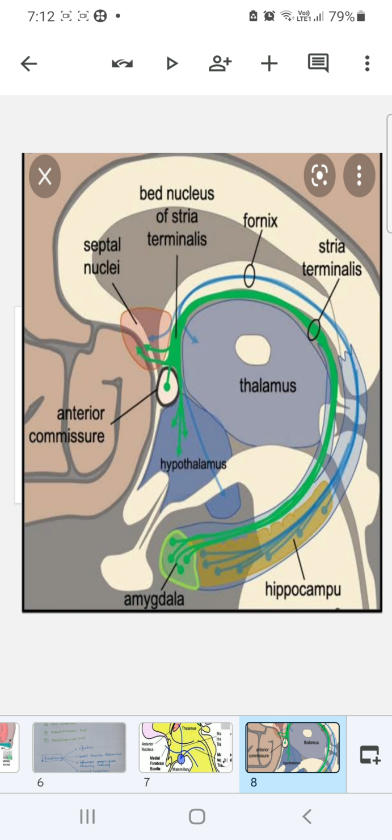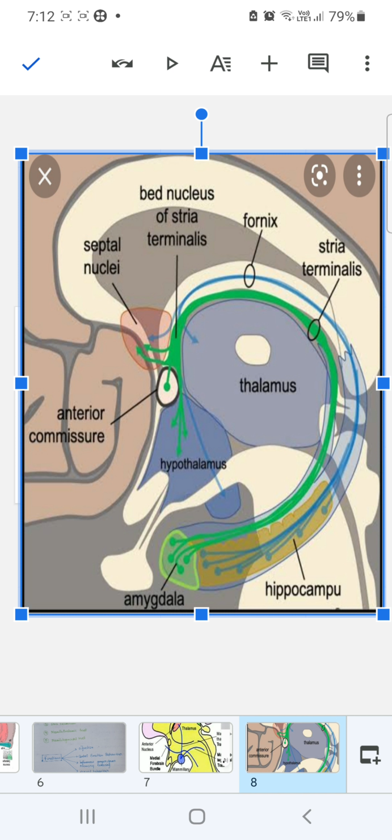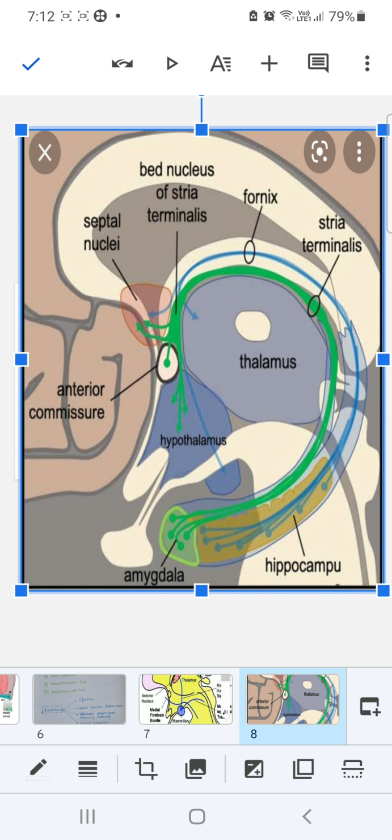You can see here, the blue color fibers are actually the fornix, and they are connecting the hypothalamus to the hippocampal area, which is present in the yellow color structure.